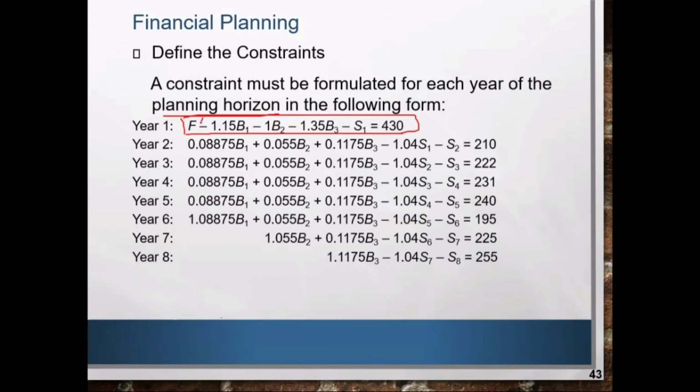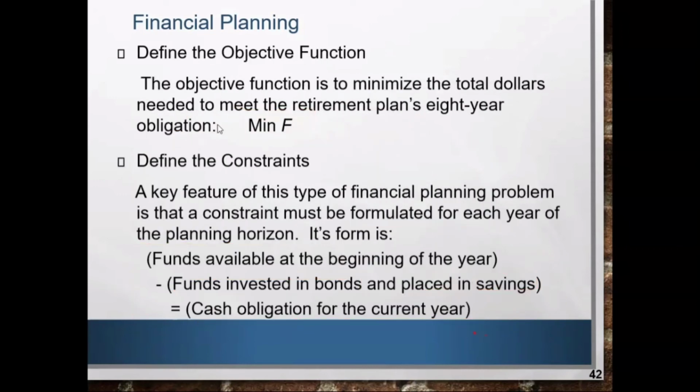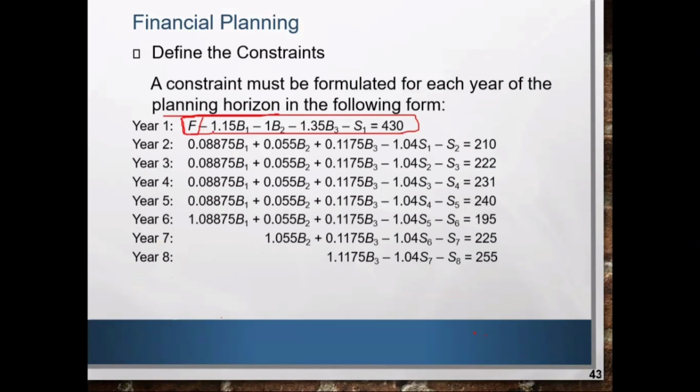So we have minus 1.15 B1 minus 1 B2 minus 1.35 B3 minus savings.